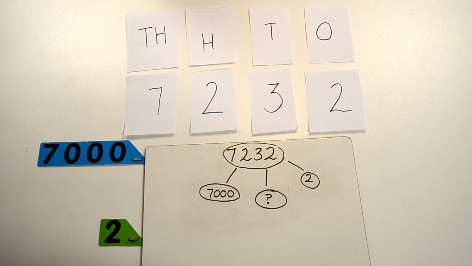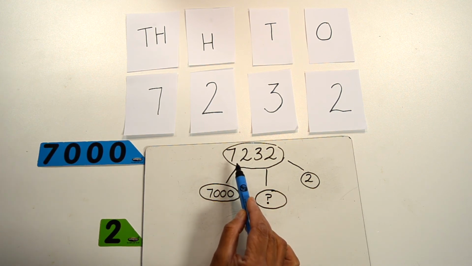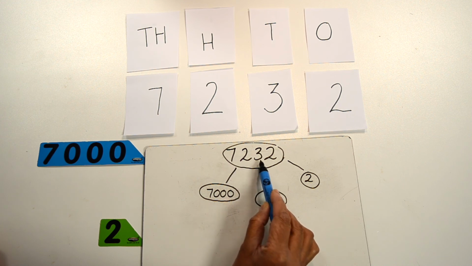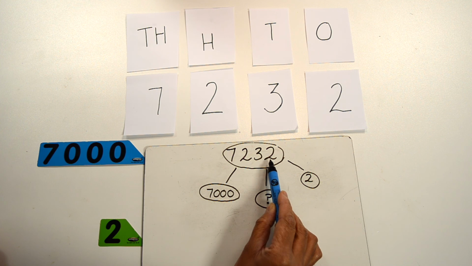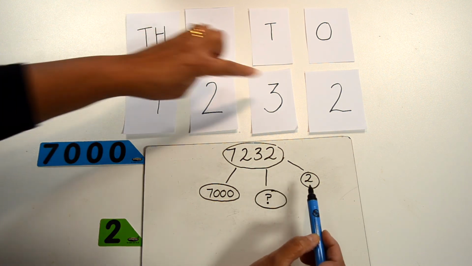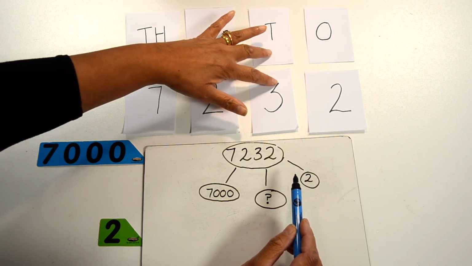So what part is missing? Let's read our number out again. 7,232. So we have our 7,000s and we have our 2 ones. What part is missing?